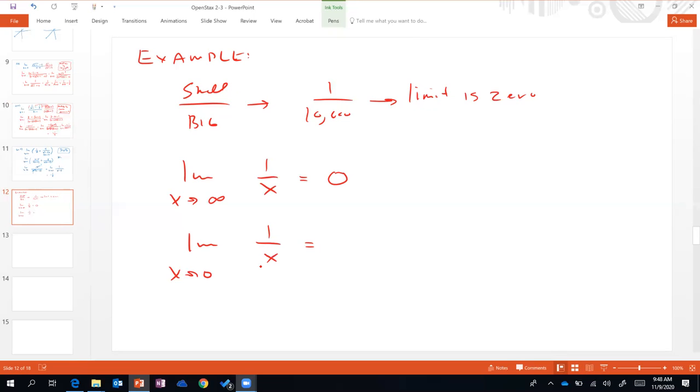Okay, what do you guys say here? It's going to go to, so x becomes smaller, smaller, smaller. If you want to try it on your calculator, Enrique says it'll go to infinity. Agreed, disagreed, and try some numbers if you like. 1 over 0.1, 1 over 0.0001, 1 over 0.000001. Right, everybody okay there? Just want to make sure.